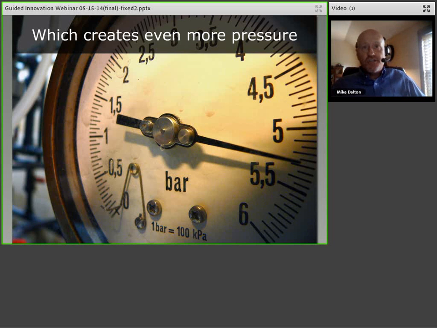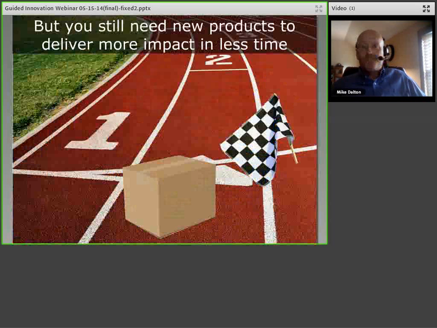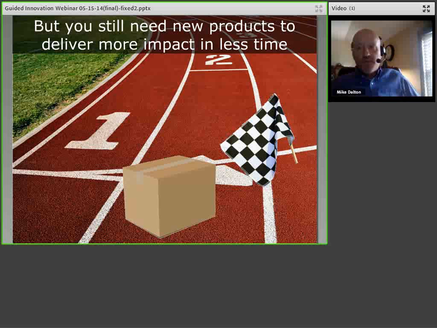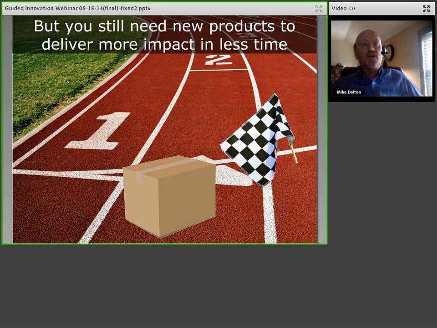And of course, you're the ones that bear the brunt of that pressure. So you're here today for some ideas on how you can get more new products to market in less time and without adding more cost or resources to your organization.